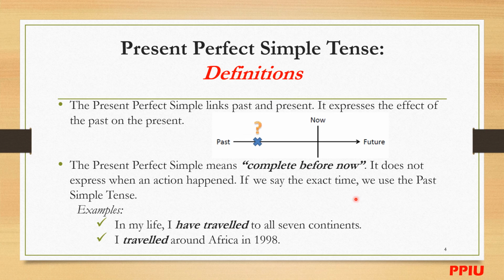And one more particular thing: when we don't know the exact time, we use the present perfect simple. But if we know the specific time in the past, when exactly, we use the past simple.